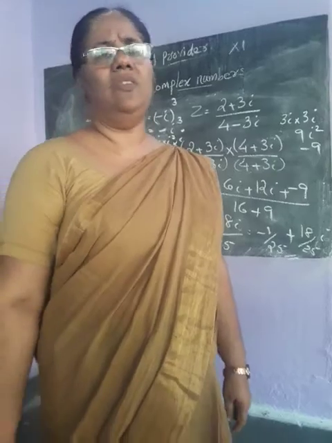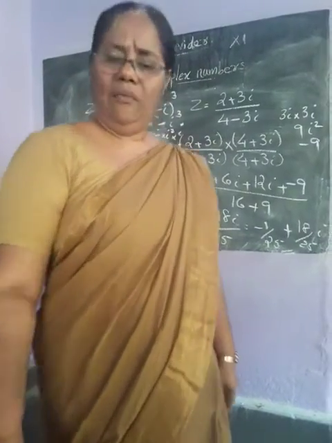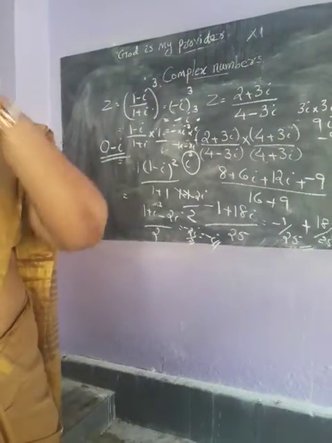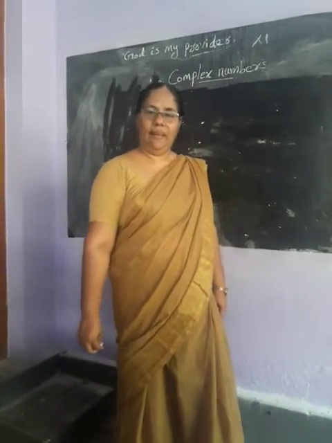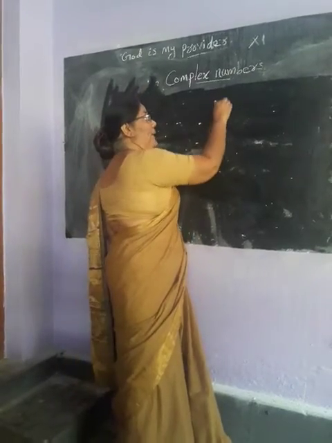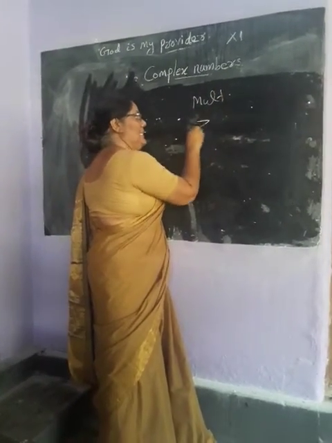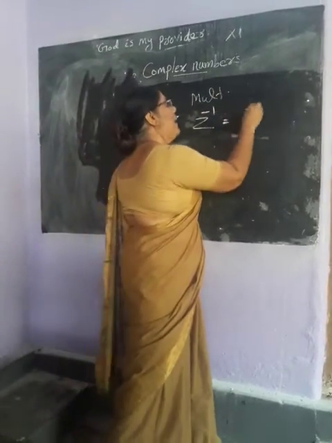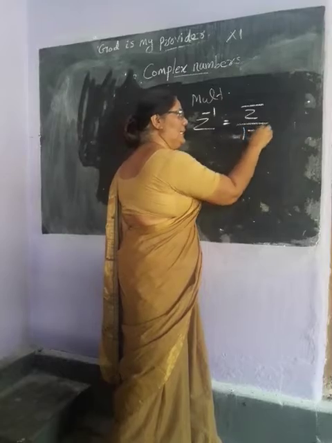Next, most of the questions are the same type. Evaluate. One more question. Evaluate. Heading: multiplicative inverse. Right? Multiplicative inverse. Z inverse is equal to z bar by mod z square.